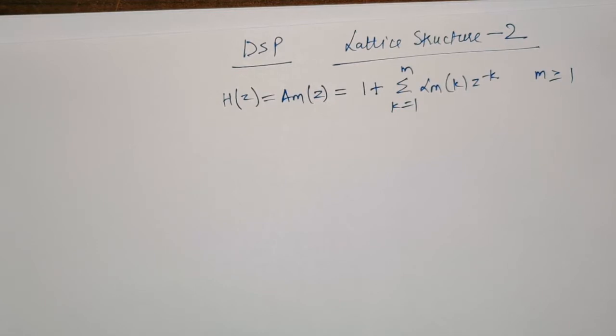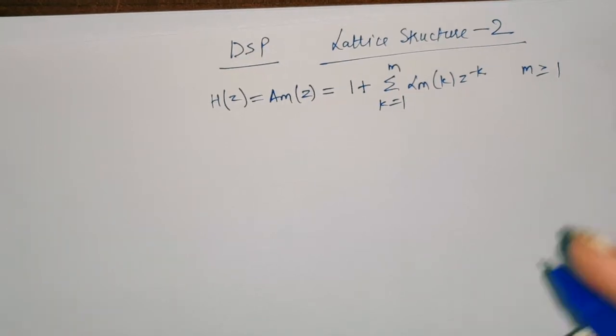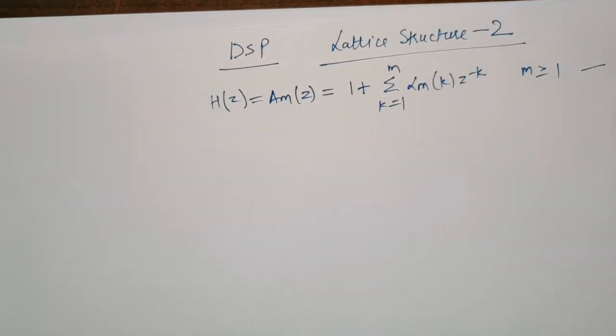If we use it in an IIR filter, such structures allow the development of recursive relationships between the successive stages of the filter, hence allow the development of adaptive algorithms for the computation of filter coefficients. Okay, and we discussed this particular structure.